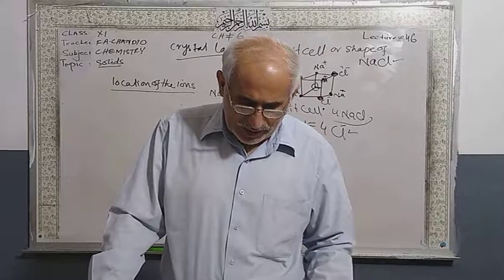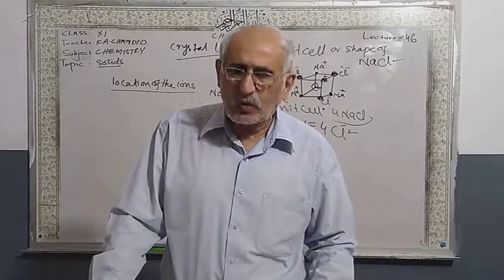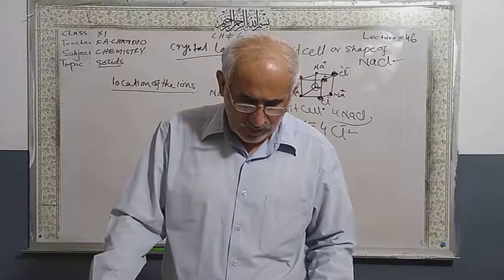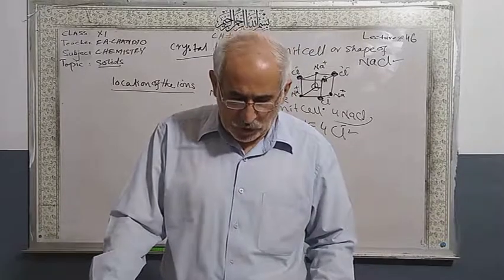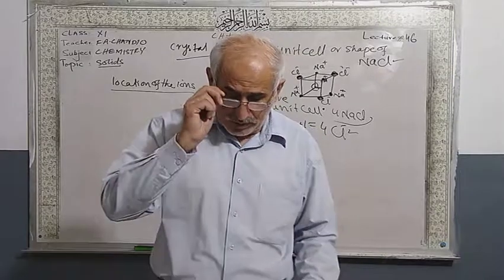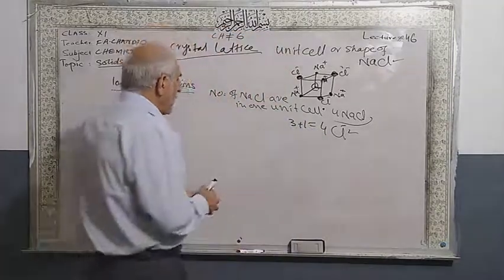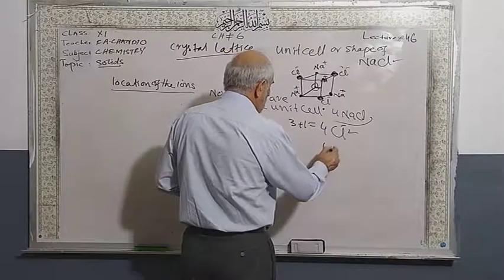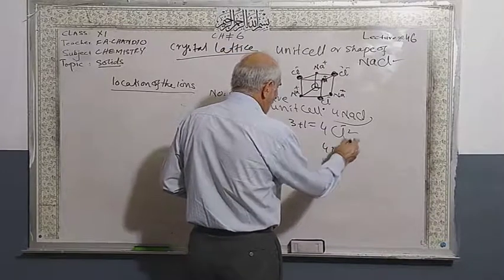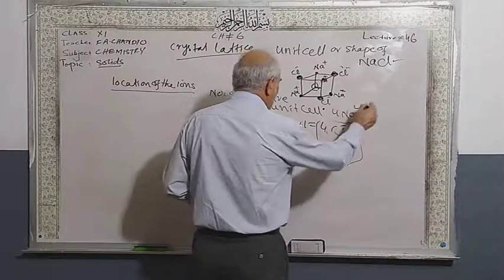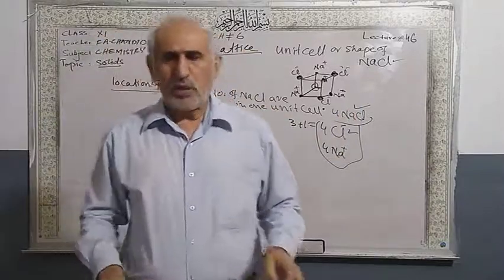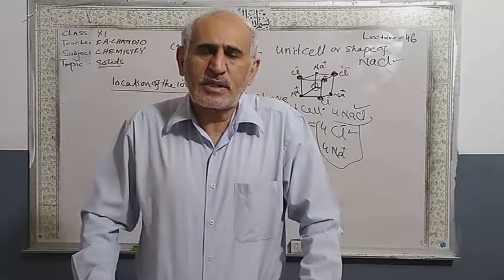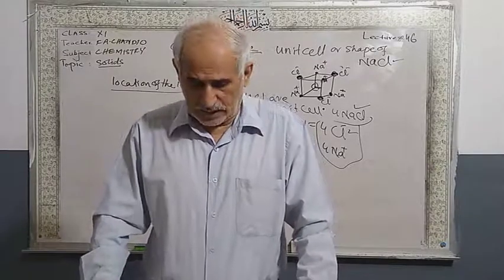Total number of sodium ions is 3 plus 1, which is equal to 4 sodium ions. So it means that in one unit cell there are 4 sodium ions and 4 chloride ions. So that's why 4 formula units of sodium chloride are present in one unit cell.